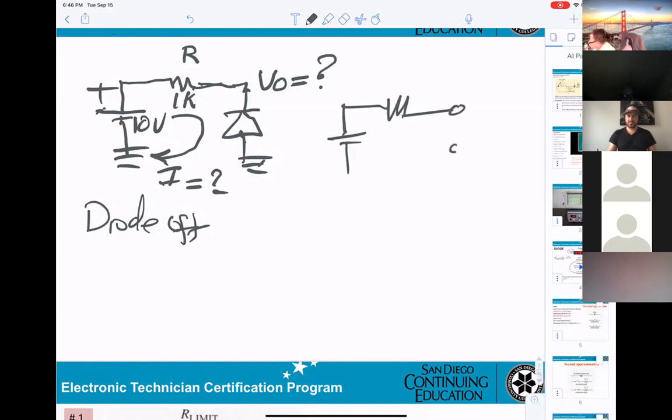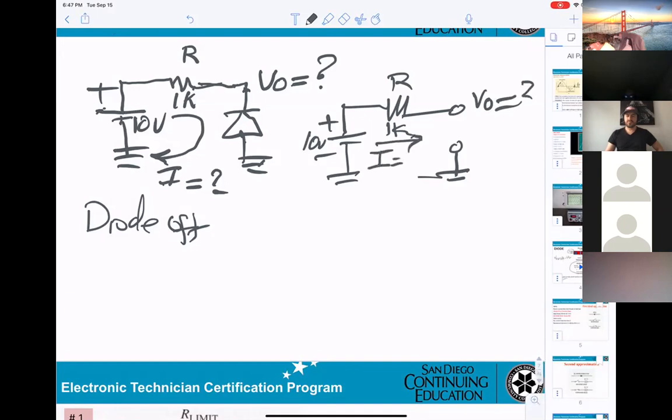Open circuit. So that will be plus minus 10 volt, and that will be R, 1K. That will be V out. And the current flows here. The diode is off, so it will be open.